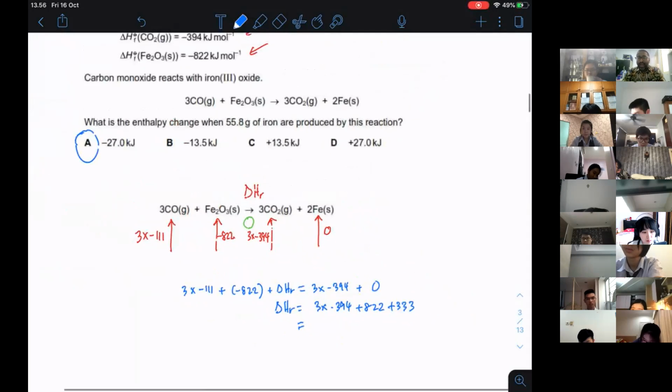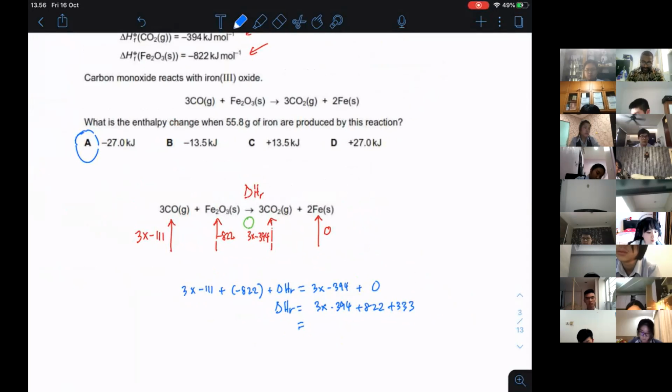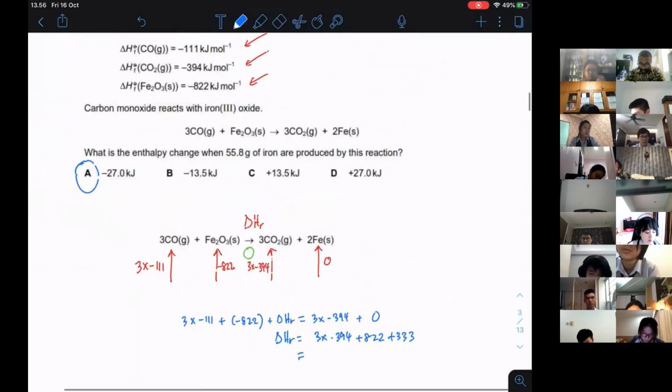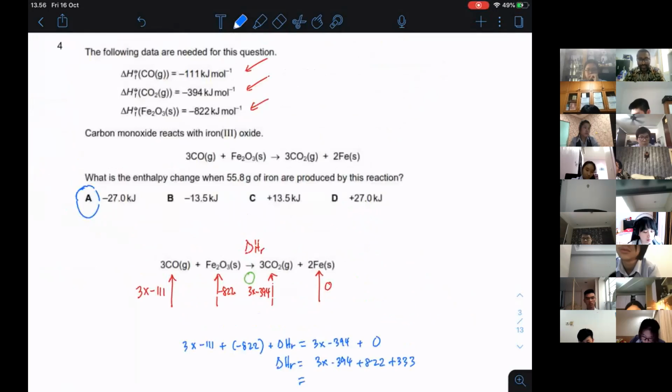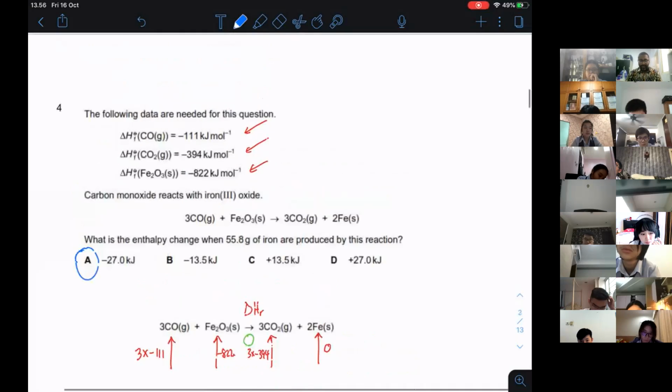So please make sure to learn which equation or which method you want to choose when you encounter the problems. Question number 3 is similar to question number 4.